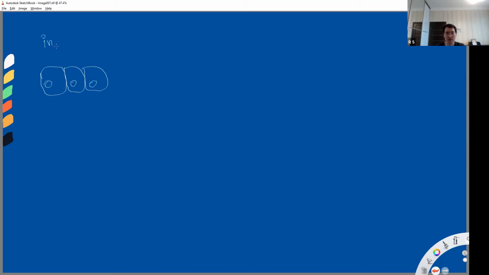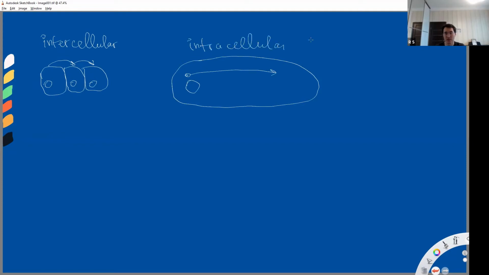So inter means from one cell to another, and it's just between 2 cells. And if you think about insides of the cell, so from one part to another, it will be called intracellular. So which one did you ask? Was it intercellular or intracellular?